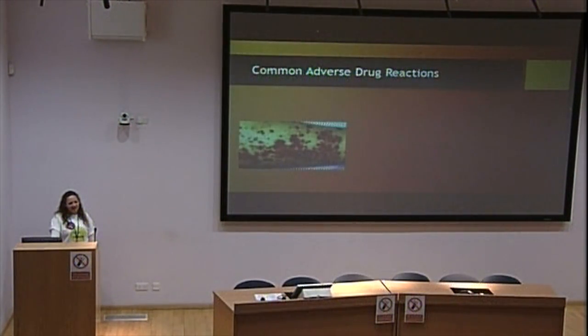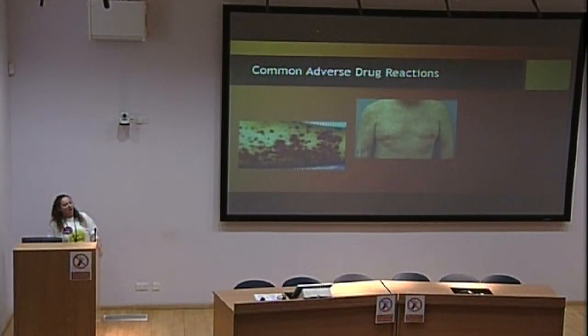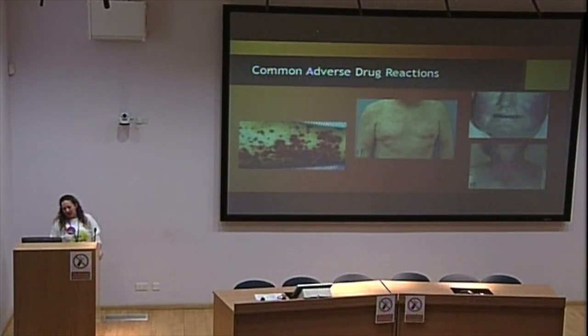You said itching. What's this? This is purpura, thrombocytopenic purpura. This is your typical maculopapular drug eruption rash, flushing, very, very common, and also photosensitivity, all of which can be caused by, in particular, isoniazid can cause any of the three on the left.